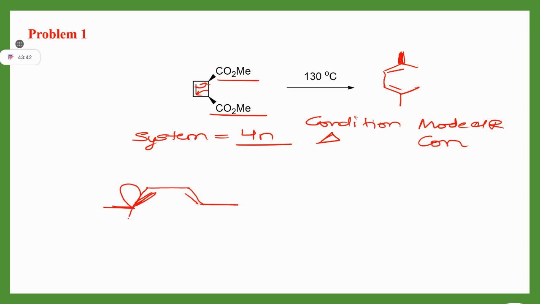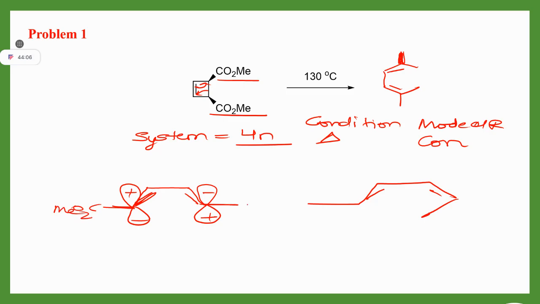So positive, negative, negative, positive. Under conrotation, there are two possible products. One is this and one is this. This is nothing but your CO2Me group, correct?